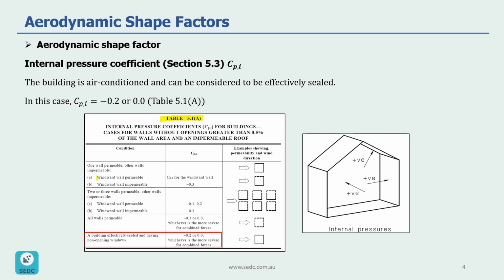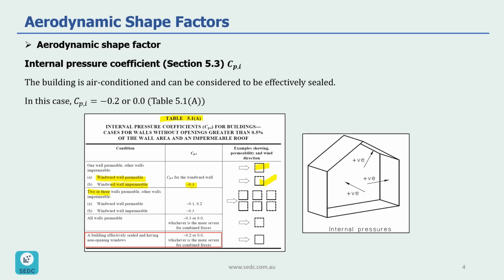If the windward wall is permeable, as shown in here, then CPI is equal to CPE for the windward wall. If the windward wall is impermeable, like you can see in here, then CPI would be negative 0.3.